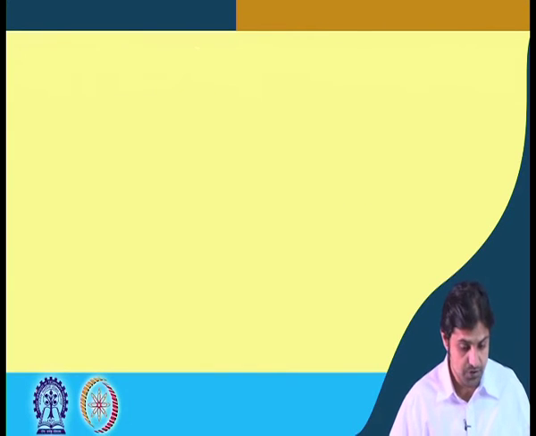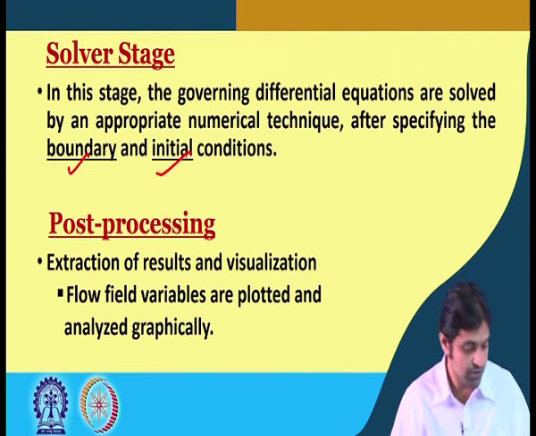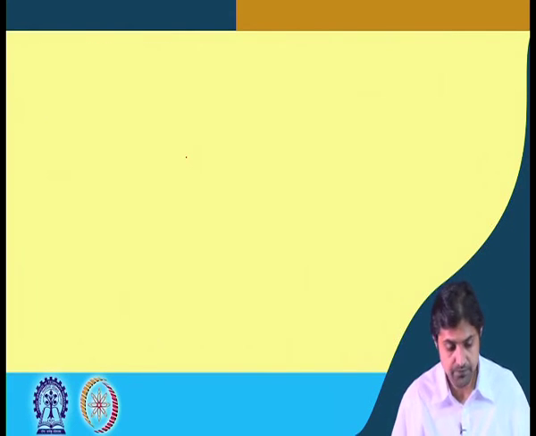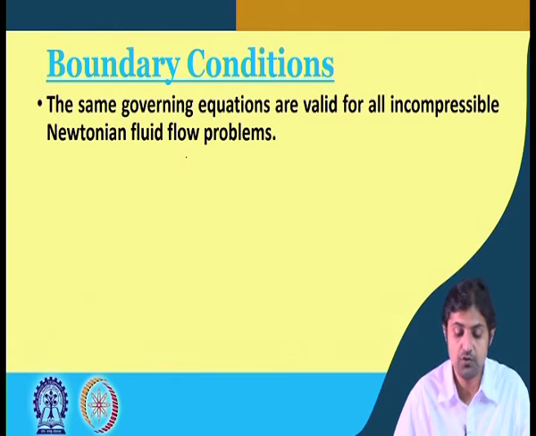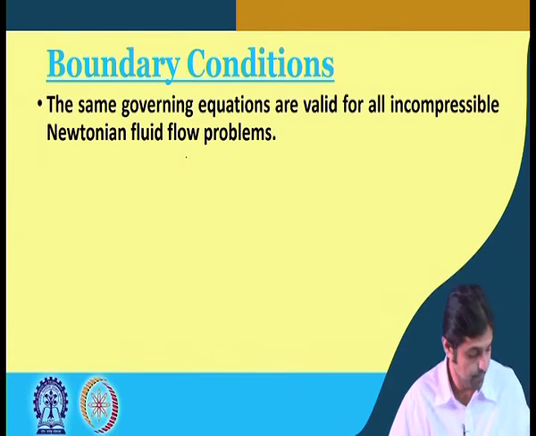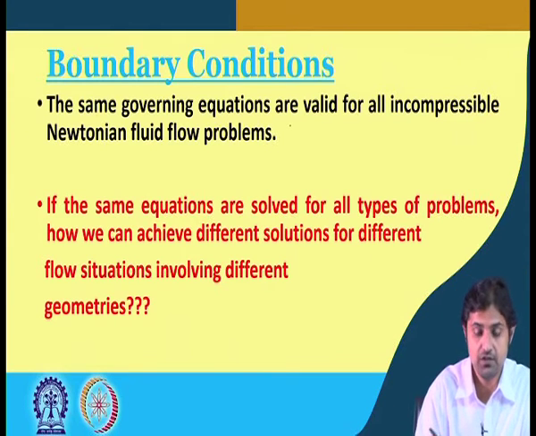We mentioned boundary and initial conditions, and that is what we are going to discuss next. So boundary condition: the same governing equations are valid for all compressible Newtonian fluid flow problems, right? If the same equations are solved for all types of problems, then how can we achieve different solutions for different flow situations involving different geometries? That is the question. Which governing equations are we talking about?